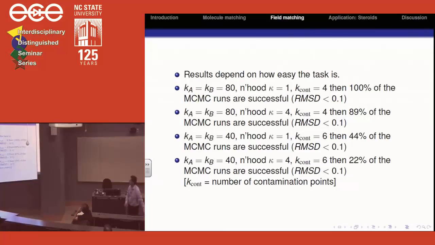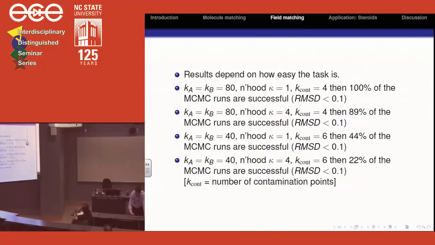And then you can really push it. So you introduce a smaller number of points, which is more difficult. And then with a smaller number of points and a larger neighborhood, only 1 in 5 I could actually get this right. So you can understand when the thing's going to not work and when it does work.